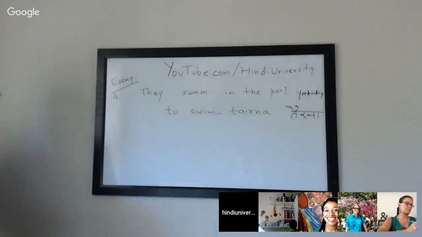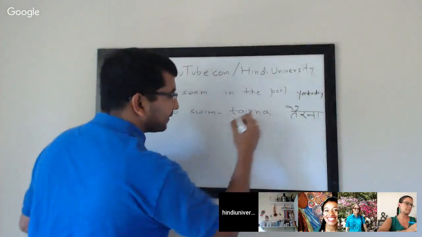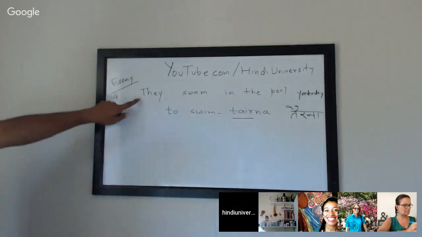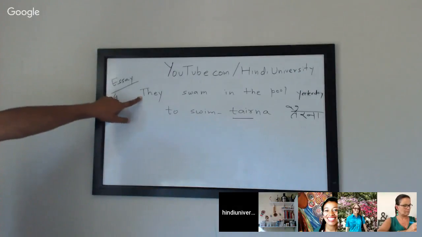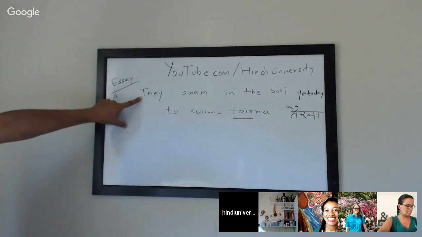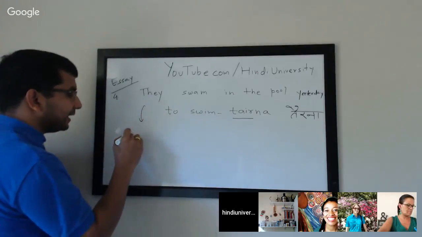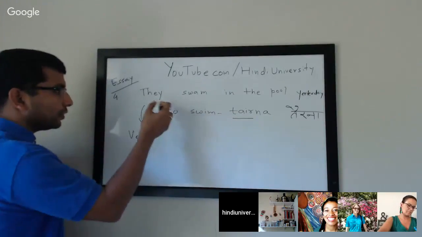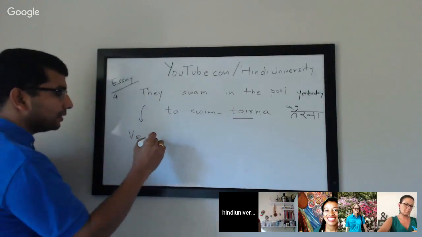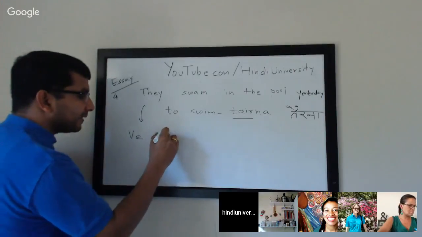Okay. So as you know, the base verb here is तैरना. And because this is "they", if you're using it for masculine plural, it will be तैरे. And if you're using it for a group of girls or feminine plural, it will be तैरीं. For those of you who are not familiar with the pronoun, it's "they".